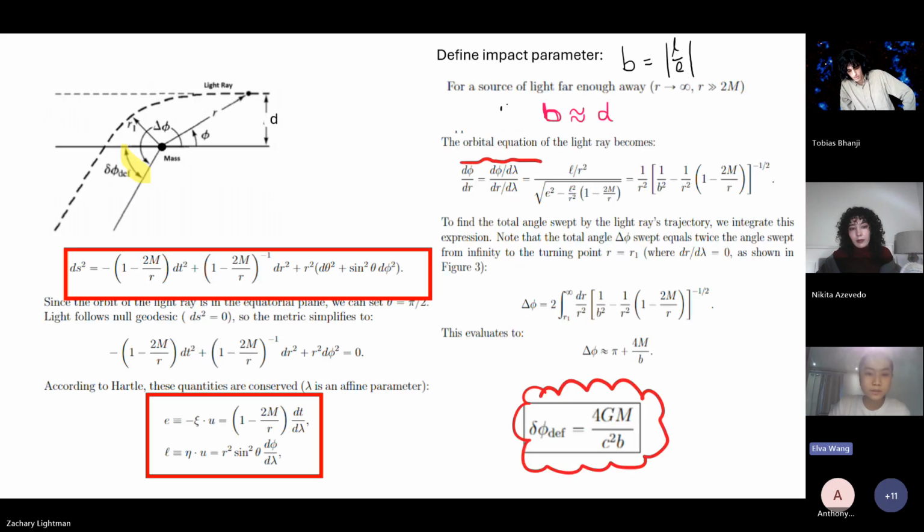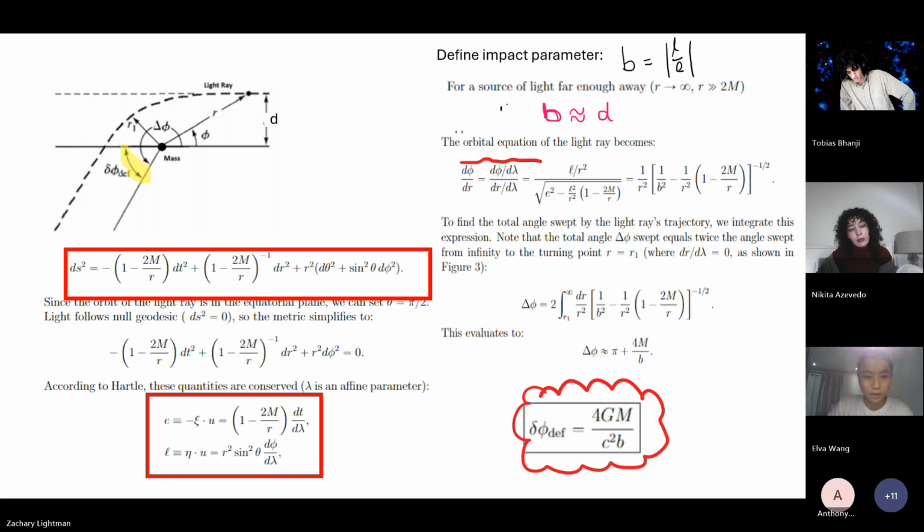Next slide, please. Here's a really mathy derivation of the formula. I'm only going to briefly talk about the maths. The diagram on the top left is a light ray approaching the mass and then being bent, and we're trying to work out delta phi, the deflection angle.